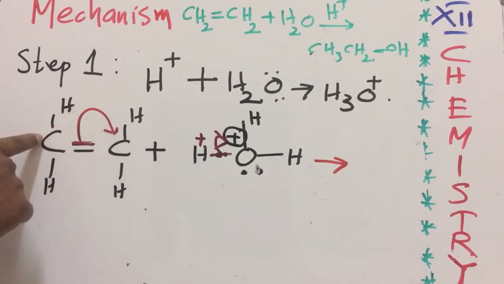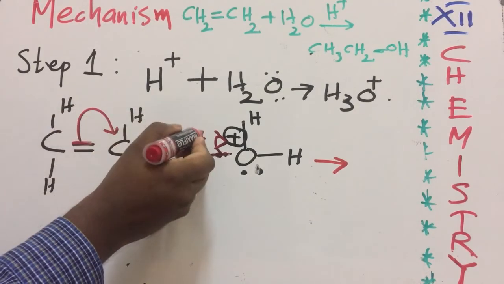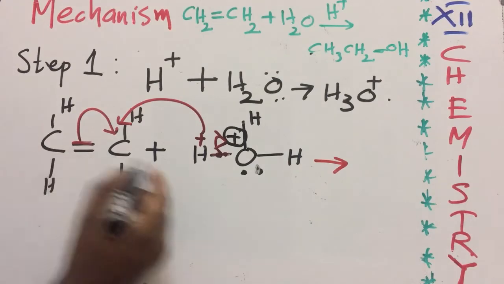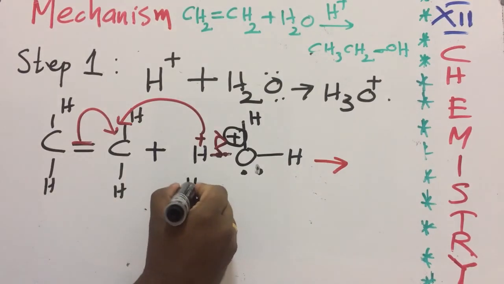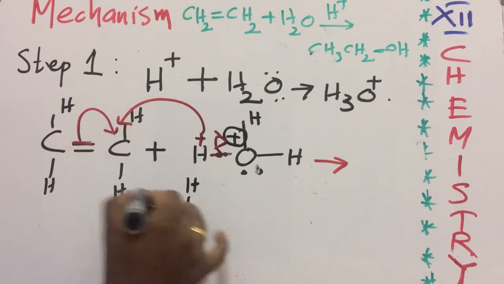Okay, then after shifting, this carbon becomes positive, this carbon becomes negative. To the negative carbon, the H plus will add. So what will we get? C, H, H, due to shifting it becomes plus.